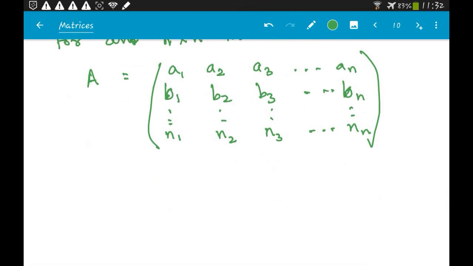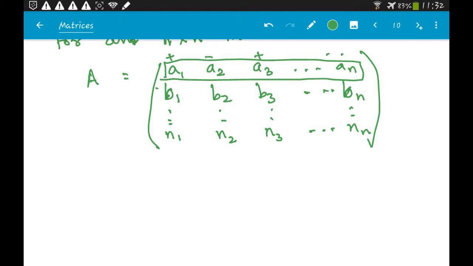So what we do is, again we choose a row. You can choose a row or a column, but the point is that the first element is always positive, so you always put a plus in front of the first element, and then it just goes on alternating. So this will become minus, and then it will go on alternating.